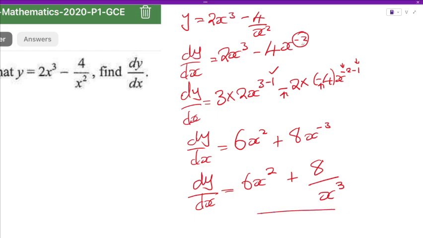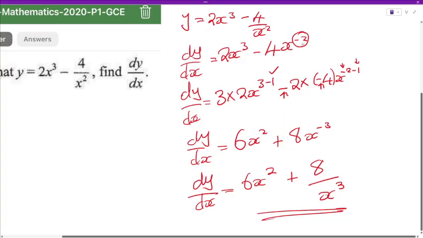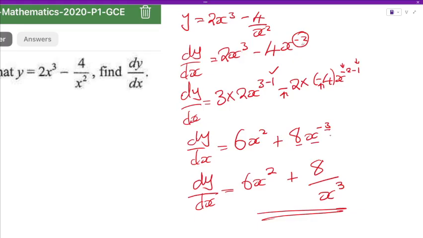So your final answer should be expressed like this, not like this. You only do this when you want to differentiate or integrate. The final answer, you need to convert to this one. Maintain the coefficient, the x becomes a denominator and its power becomes a positive. To do the opposite, you simply add the x here and its power becomes a negative.